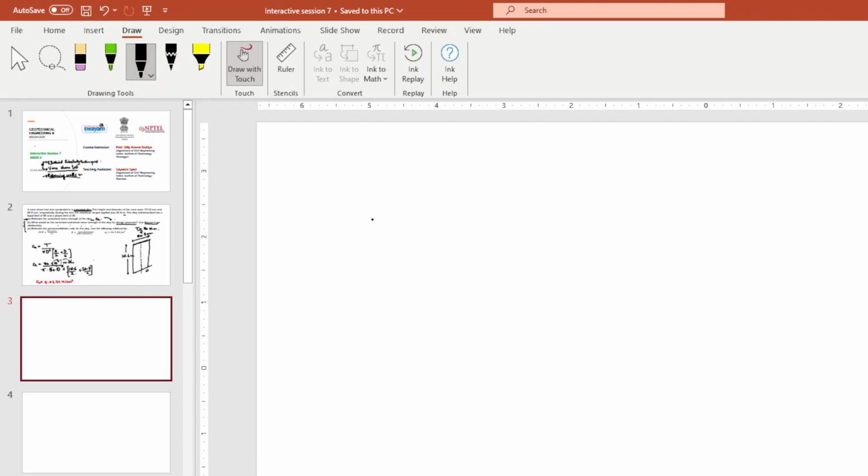The equation goes like this. This is most commonly used. There are other equations for that also, but the most commonly used is Bjerrum's relation.